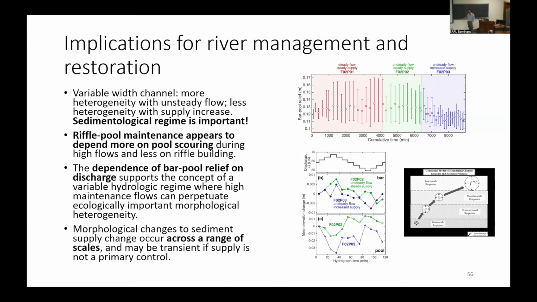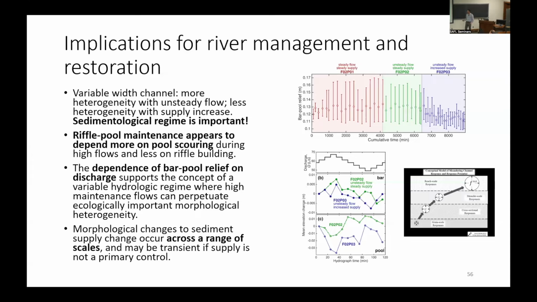Riffle pool maintenance appears to depend more on pool scouring during high flows and less on riffle building. This is relevant to riffle pool maintenance questions and potentially habitat management. The dependence of bar pool relief on discharge suggests that a variable hydrologic regime is important for perpetuating ecologically important morphological features.